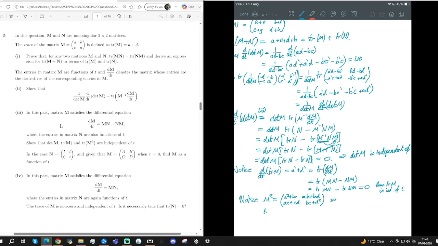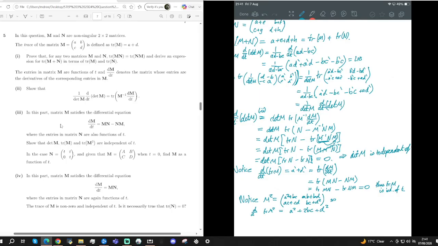So the trace of M squared is a squared plus 2bc plus d squared. Do I want to differentiate that? Because I would quite like to show this is independent of t. I suppose I should.